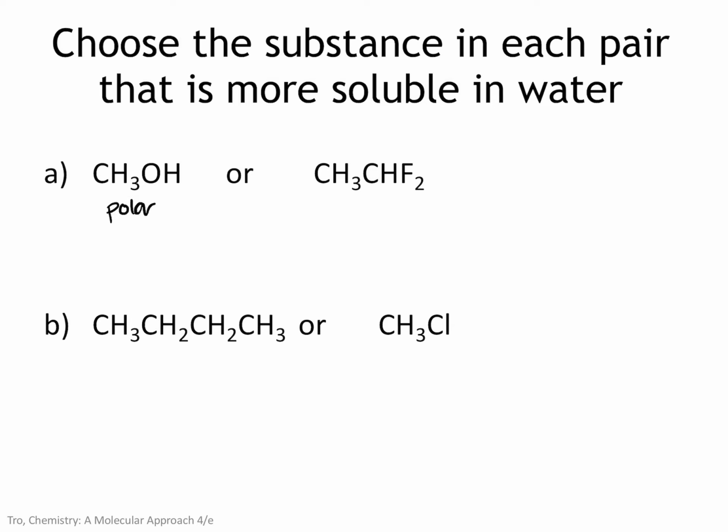That is polar. And then we have CH3CHF2. Is that polar or non-polar? It's not as easy for me to see. This was really easy because I have the oxygen. Here I have the fluorine, so I'm going to assume it is polar, but I'm going to draw this out too. Carbon, carbon, and then I have a hydrogen and a fluorine and another fluorine.